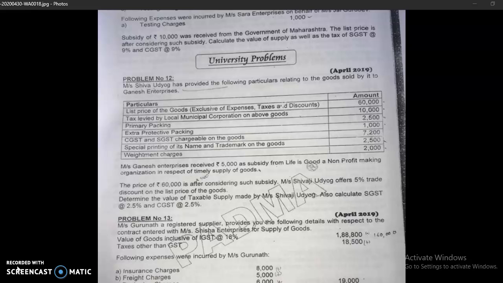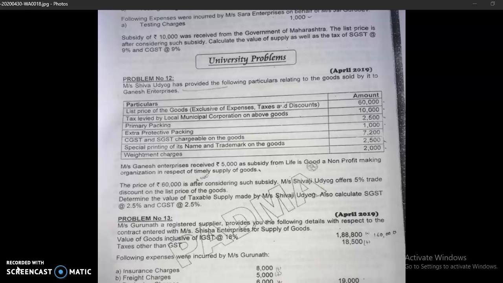Means the person who is receiving the product is also making certain expenditure on that particular product on behalf. Understand the words on behalf. If he is making any expenditure for bringing that goods from the place of supplier to the place of consumer, that expense is also added to the value of supply.